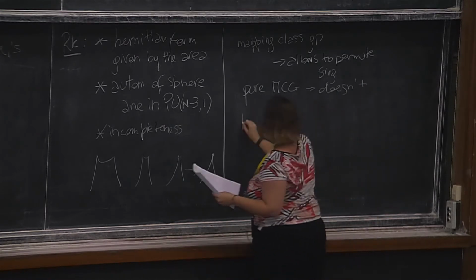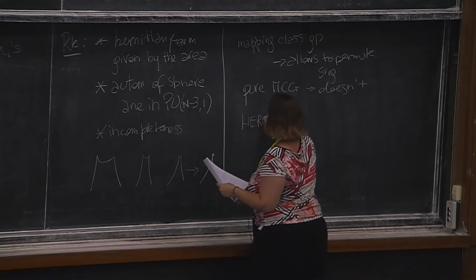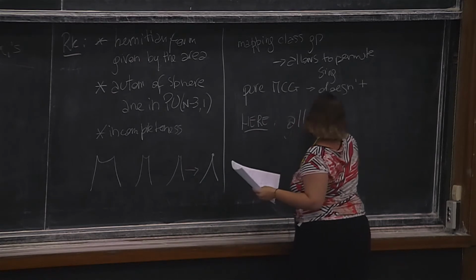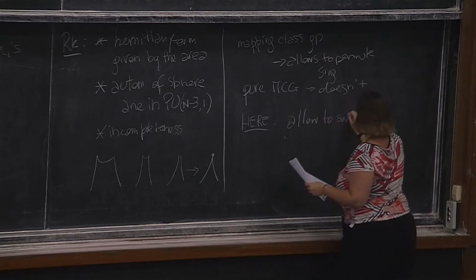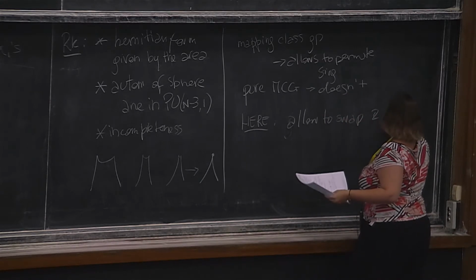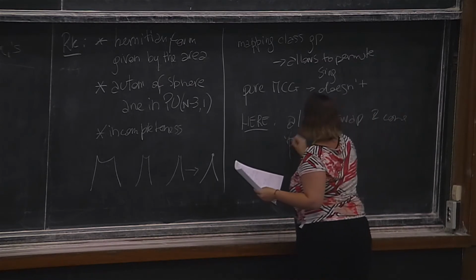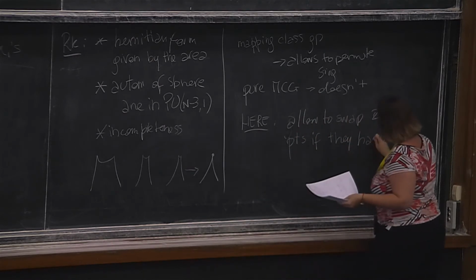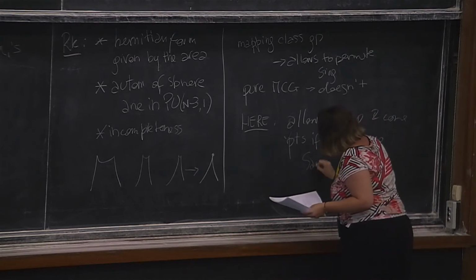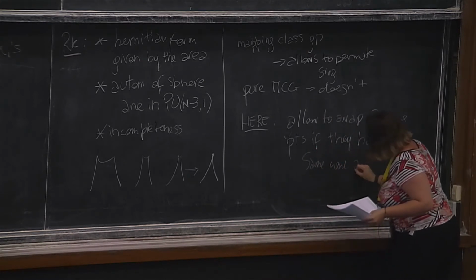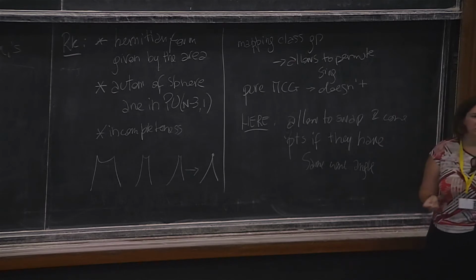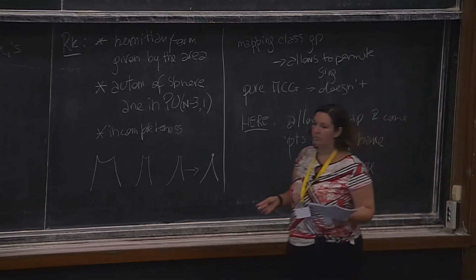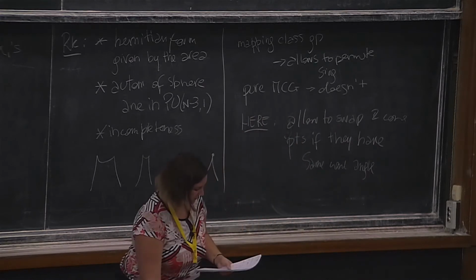And here we will allow to swap 2 cone points if they have the same cone angle. So those are the kind of maps we will use.